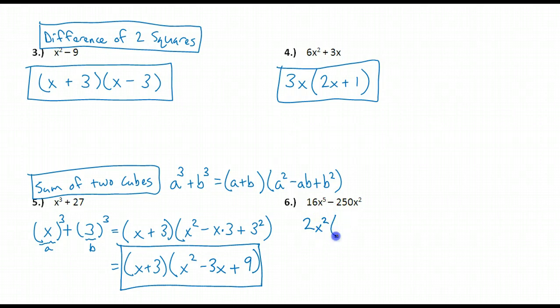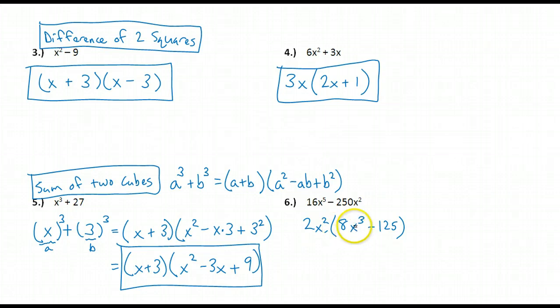Now if I factor a 2x squared out of 16x to the 5th, I'm left with 8x cubed minus 125. I can't factor this part anymore, but I can factor this part right here.